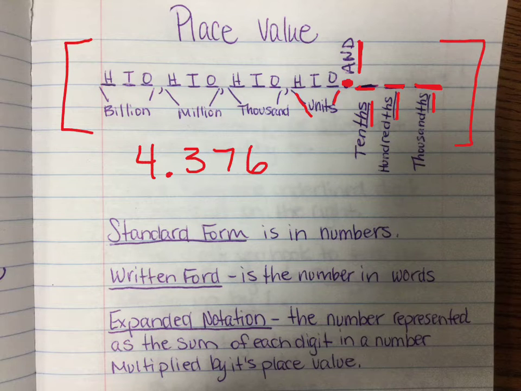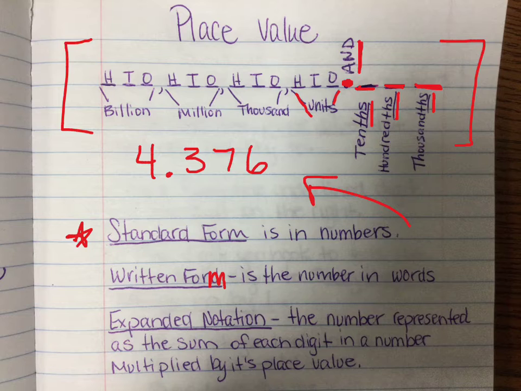Okay? All right. So let's look at the vocabulary. Standard form is in numbers. So this example right here is in standard form. Written form is when I take that number and I write it in words. And when we do written form, oh my gosh, it says Ford. It's form. Sorry.